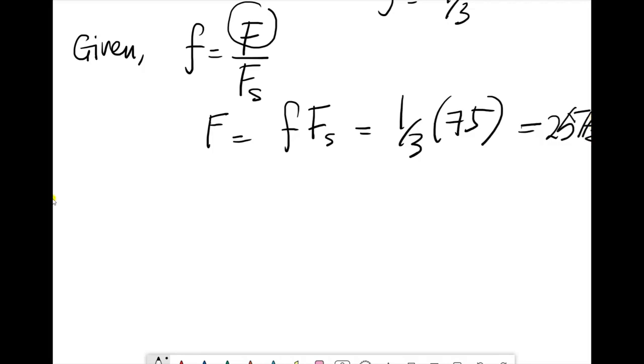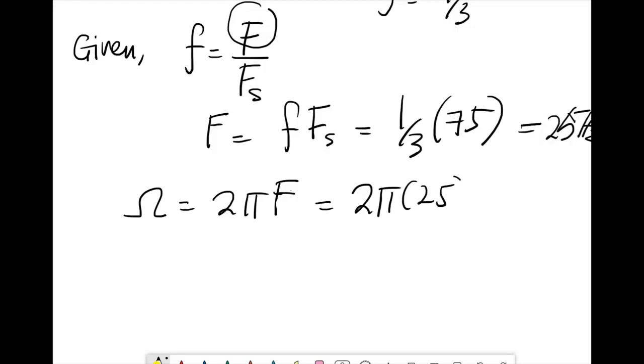Okay, so 25 Hertz is your frequency for the new sinusoid. So we know also that omega equals 2 pi F. So 2 pi times 25 equals 50 pi.